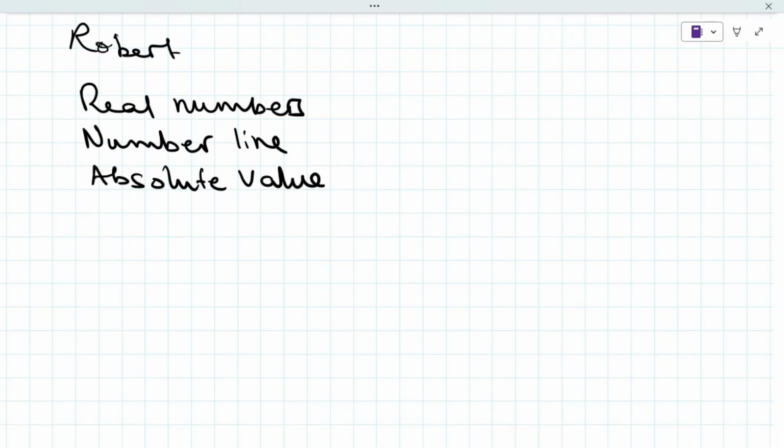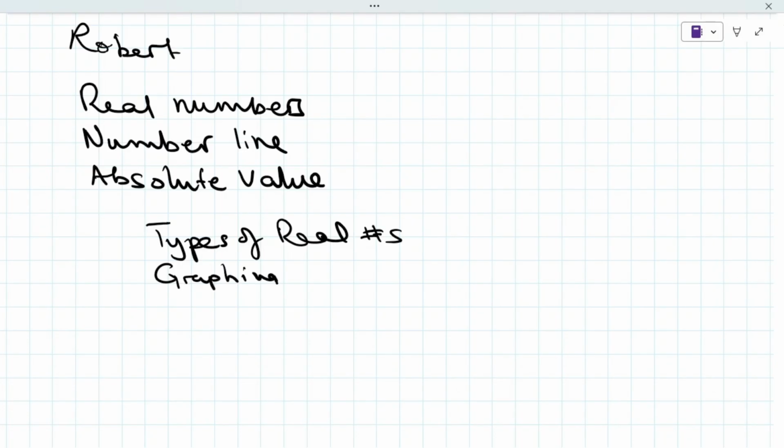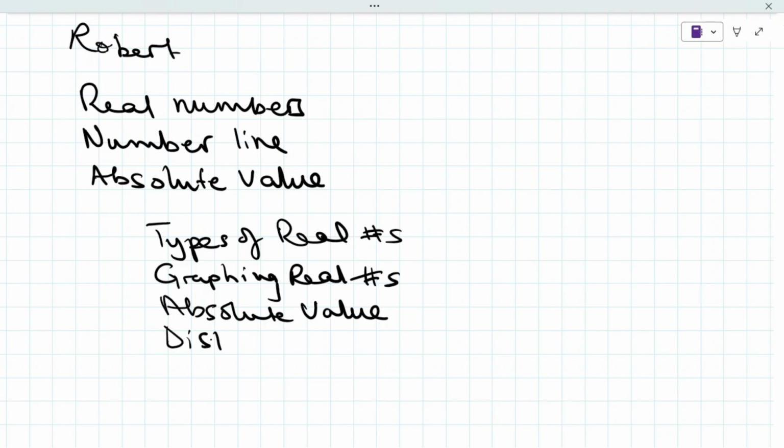Today we will learn about types of real numbers, how to graph them, absolute value, and distance on the number line.